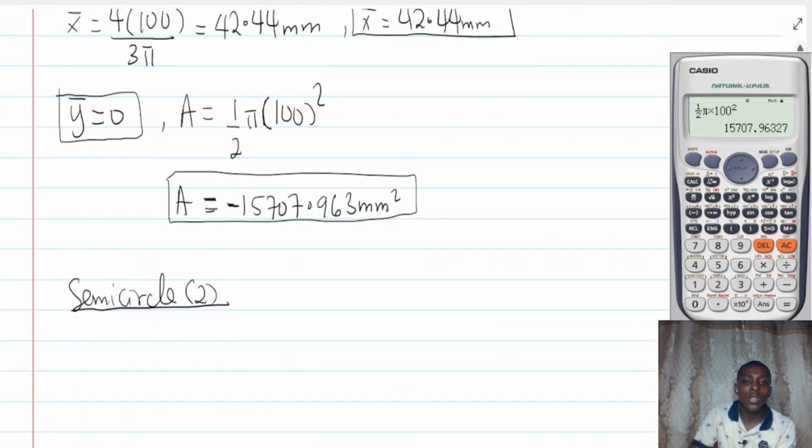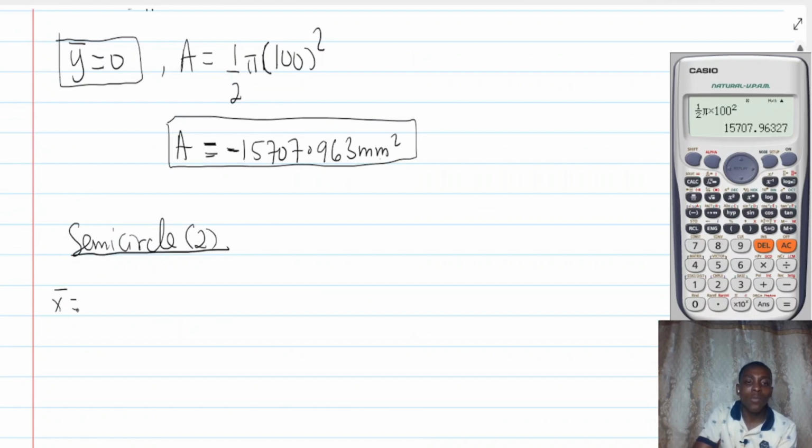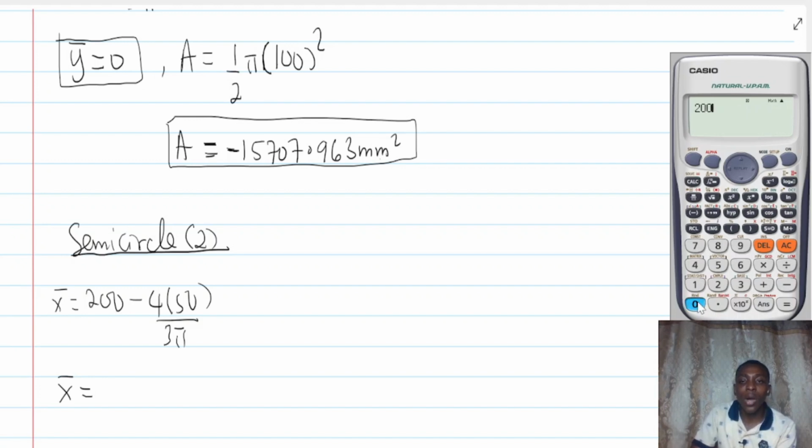So it's 200 minus 4 times 50 divided by 3 pi. I hope the concept is clear. And what is this going to give us? We are going to get 200 minus 4 multiplied by 50, then divided by 3 pi.